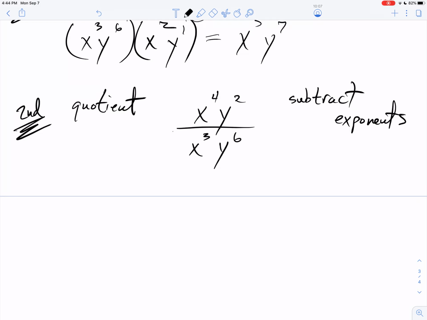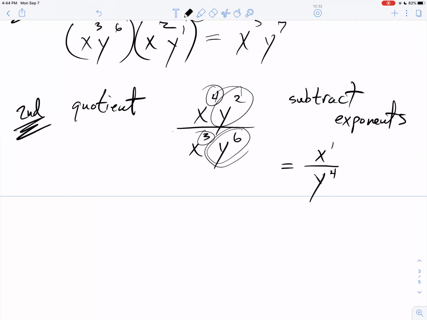See, I could just say, I am more powerful than you. How much more powerful is the numerator? It is 1 more powerful. What about the y's? Who's more powerful, top or bottom? The bottom is more powerful. By how much? By 4. How did you find that answer? 6 take away 2 is 4.